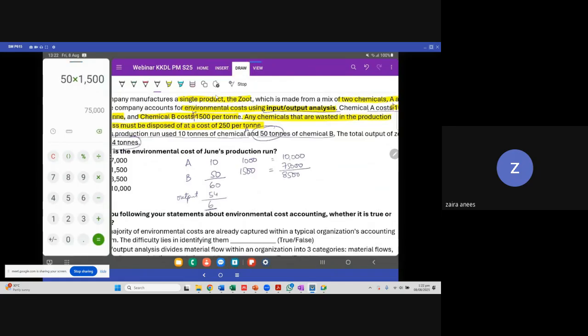Right? So 85,000 is the overall cost for 60 tons, right? But 6 tons were lost, right? So let's try to calculate what cost can be associated with 6 tons. So divided by 60 multiplied by 6.